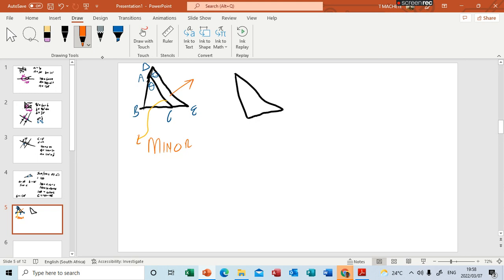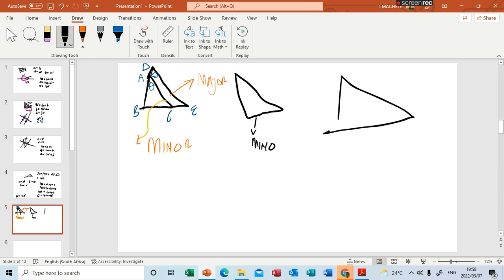Then the outer one is your major. You're going to write them like this. This one is your minor, then the other one obviously is your major. I'm going to try to make it bigger. It's a major one.